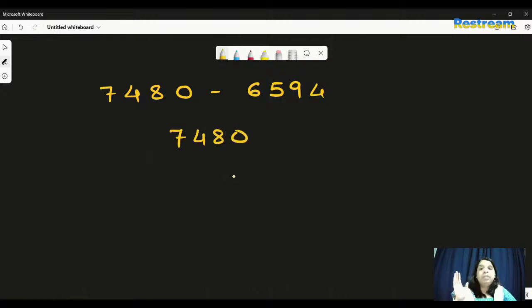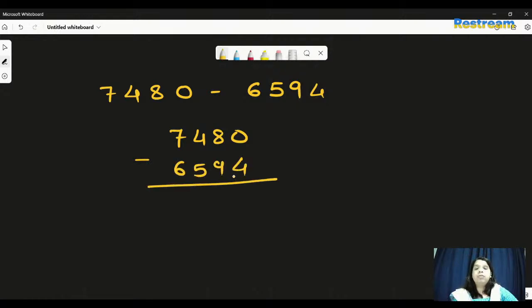Now let's go to our subtractions. Before we do a decimal subtraction, let's do a whole number subtraction. Let's say 7480 minus 6594. First we have to see that the number which is subtracted is smaller than the number from which it is subtracted.